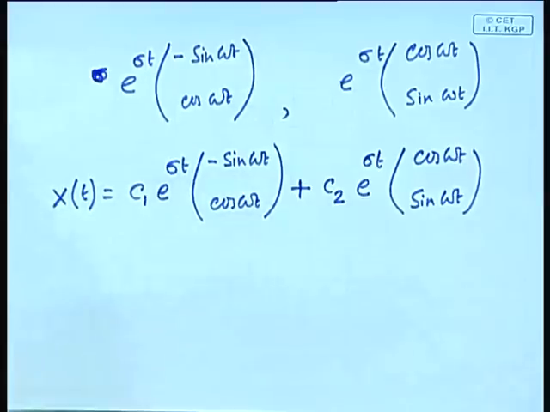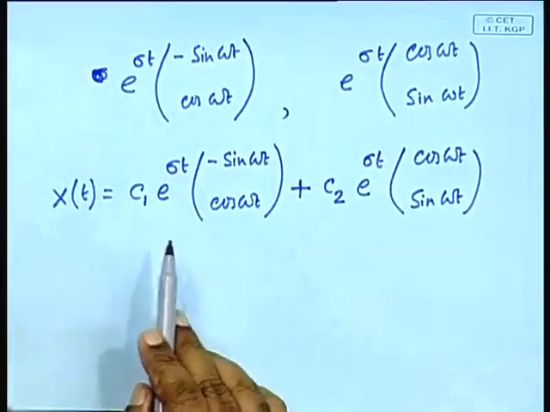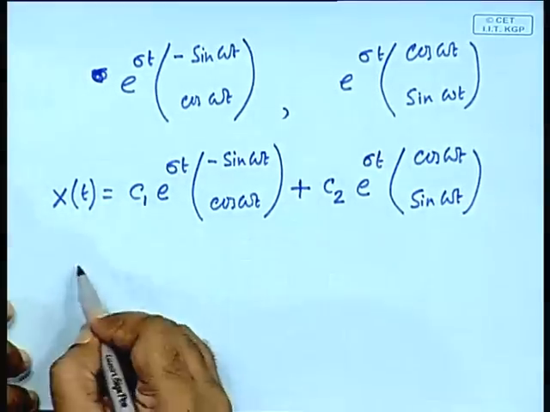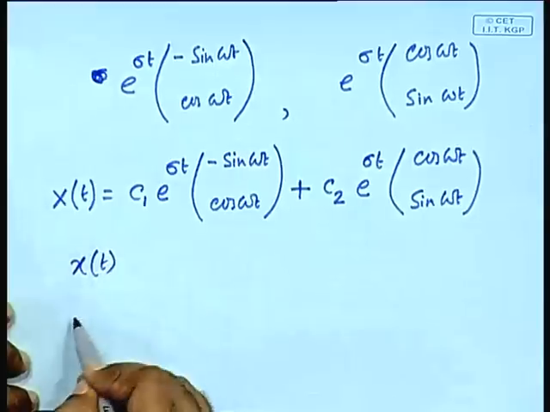What does it mean? It means that the individual solution x t, can you write down?